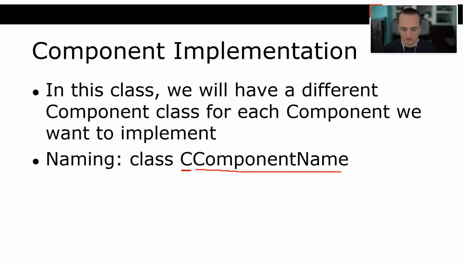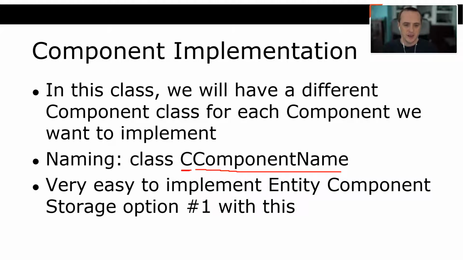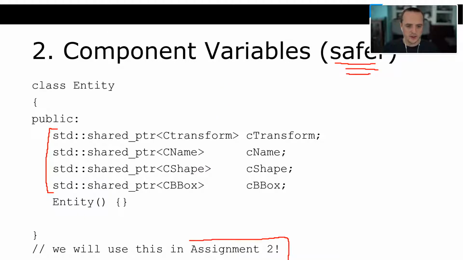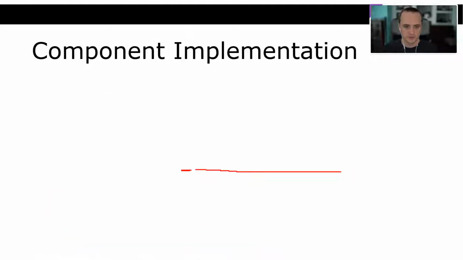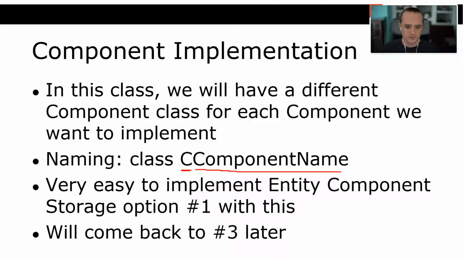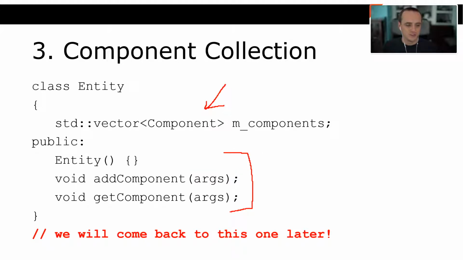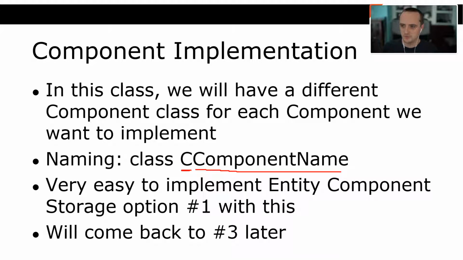Health will be called C health. And it's very, very easy to implement the entity component storage using option 1, because all we have to do is, if we have our own class, we just have a shared pointer of that class type for each of the components, right? And that's just how we store them. Okay. And we'll come back to the other option later in the course, how we do that.